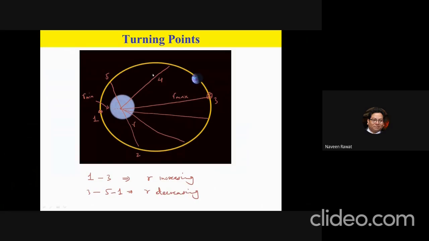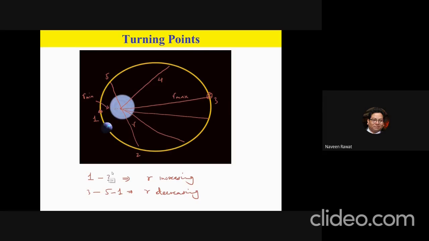You can see that, right? As the Earth approaches closer to the sun, it speeds up, and the r coordinate is decreasing, and then the r coordinate starts increasing. And this point 3 and 1 is where this change is happening, whether r is increasing or decreasing.